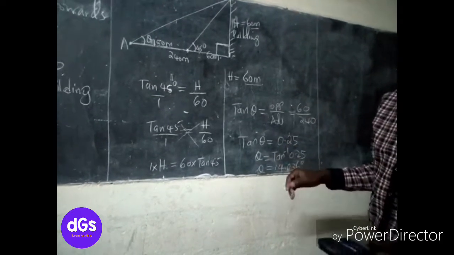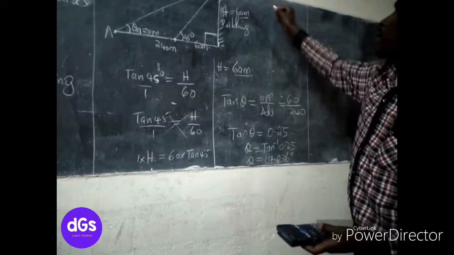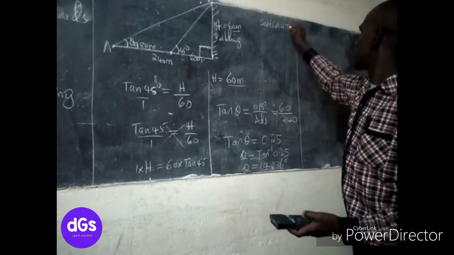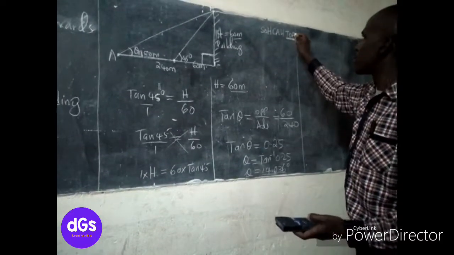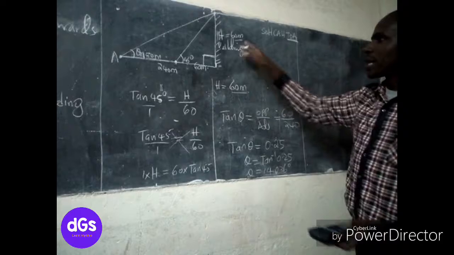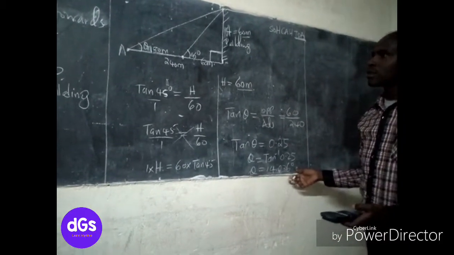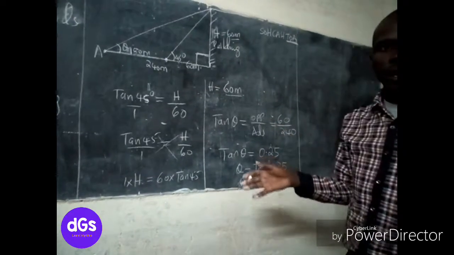So this one makes use of SOHCAHTOA. You need to use tan theta, which is opposite over adjacent, to make an application on this one. It needs to be answered through this approach.